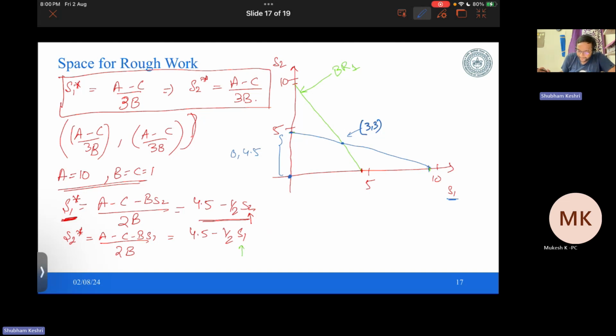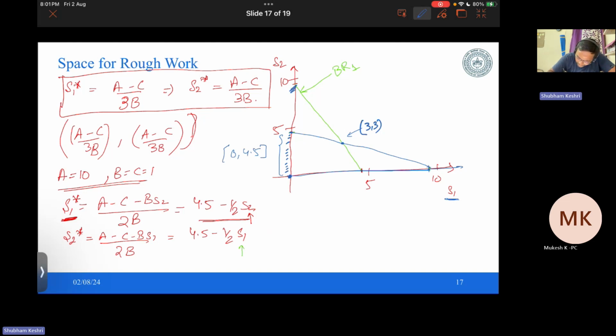Is this clear? So if S1 is in between these two points, then S2 will be between these points. And for any value above 9, it will always be 0. So again, S2 is in between 0 and 4.5.